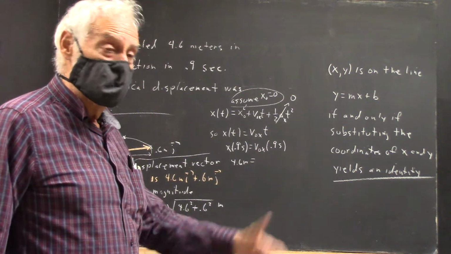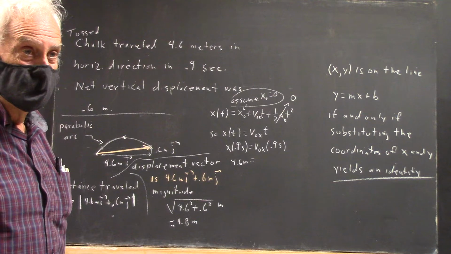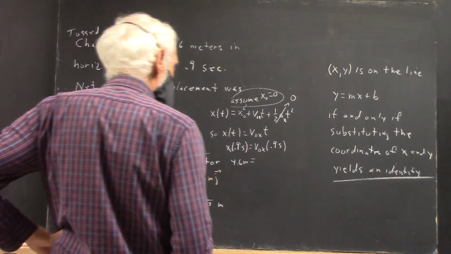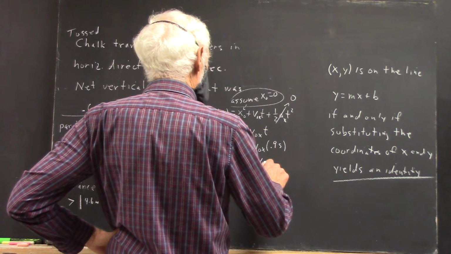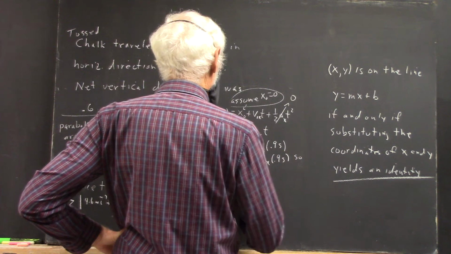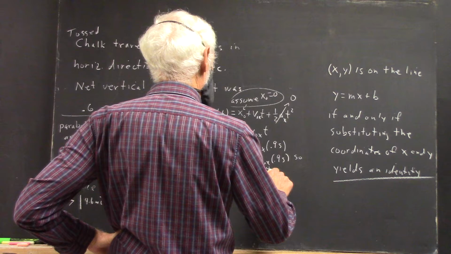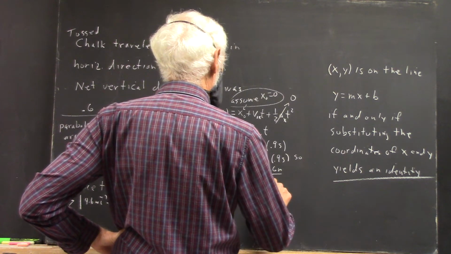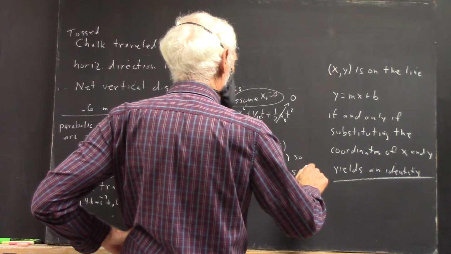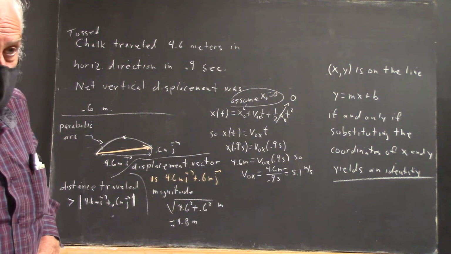I think it's pretty close to a meter. I'm not sure about that 0.6, okay? I mean, each step is pretty close to a meter. So anyhow, you've got 4.6 meters equals V0x times 0.9 seconds. And I'm going into a lot of detail here, but that's about 5.1 meters per second.